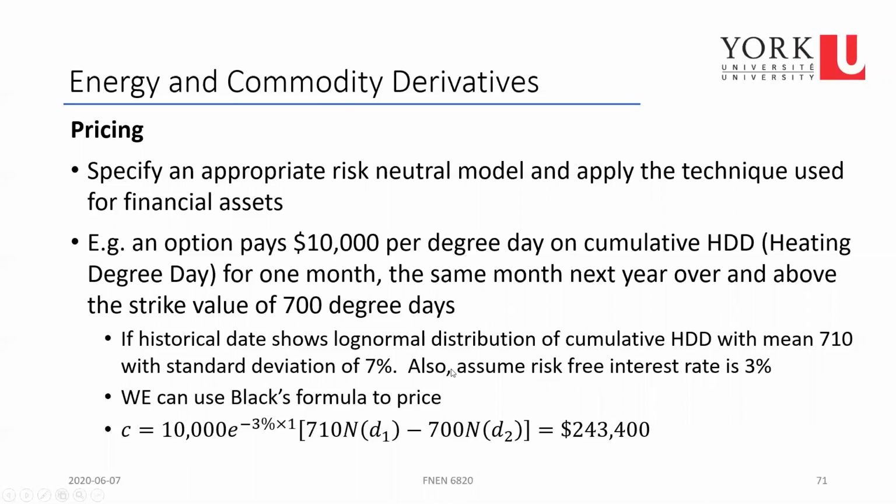In those cases, you may not be able to get a good closed form solution. So after assuming the heating degree days have a log normal distribution, you at least get a quick and dirty estimate of the value of this option. You can use it as a baseline, and then develop something fancier and compare to this baseline.